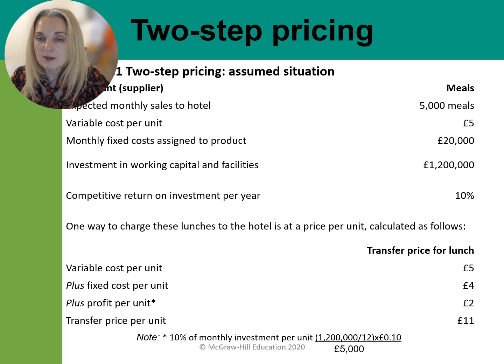The investment was made for the year, so here, as we can see, they divided by 12 to figure out how much it is per month, and then per meal. So there's a £2 profit baked in. So our transfer price for this particular example is £11.